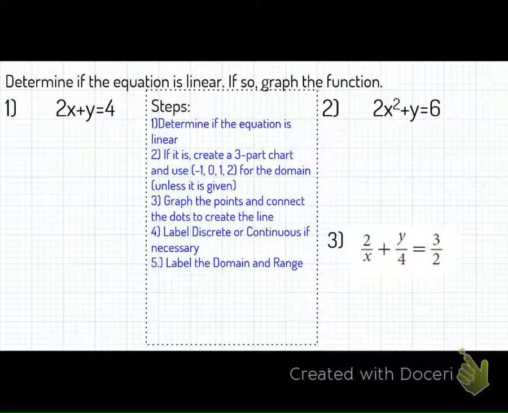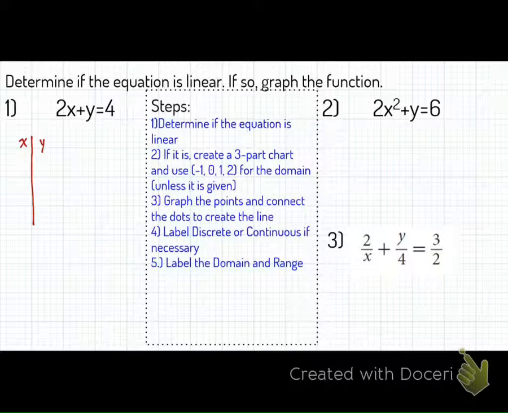Yes, it looks like it: 2x plus y is equal to 4. So at this point I would say yes, this is a linear function. Now I want to do step 2. If it is, we're going to create a 3-part chart. We do that by creating an x and y table with inputs and outputs.